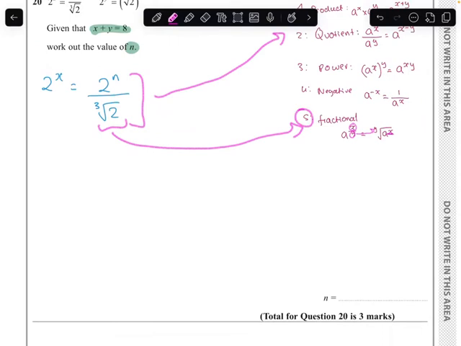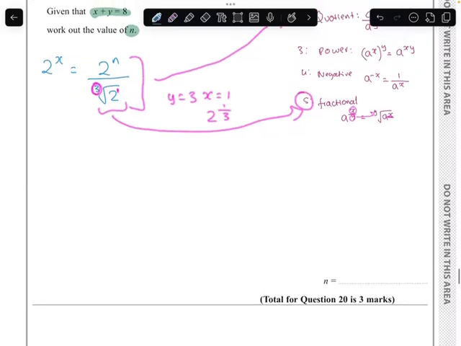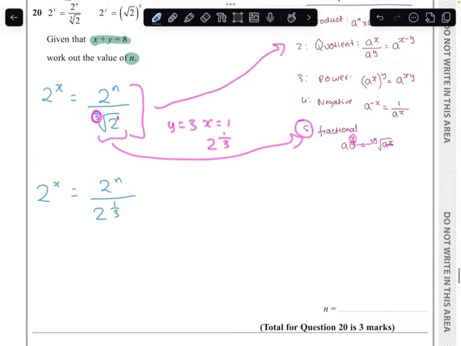So if this is our y, let's say, and then we can put a 1 there if you want. So we can rewrite this as, we know y is equal to 3, x equals 1, so it's 2 to the 1 over 3. Let's rewrite that first. So 2 to the x equals... Okay, now using rule 2, we subtract our exponents.